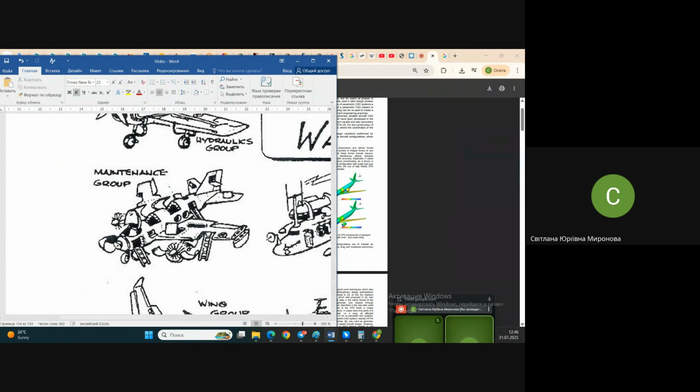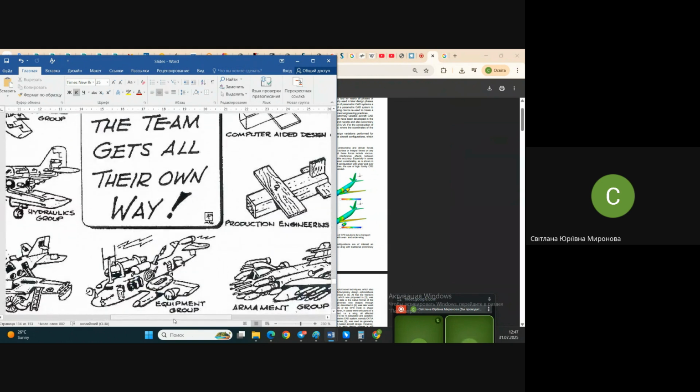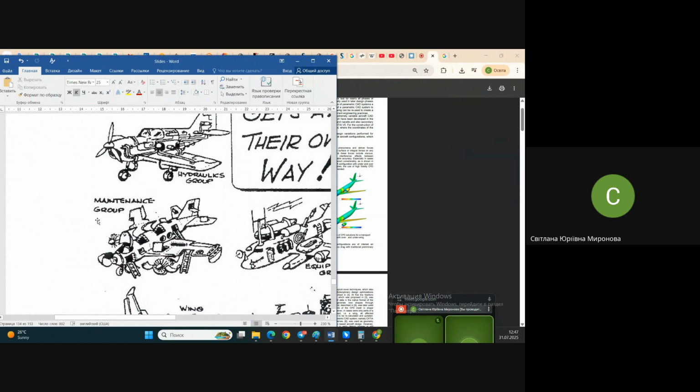And of course, each such cut-out in the structure of the airplane also results in what? Where we have cuts, we have to increase the amount of material around.